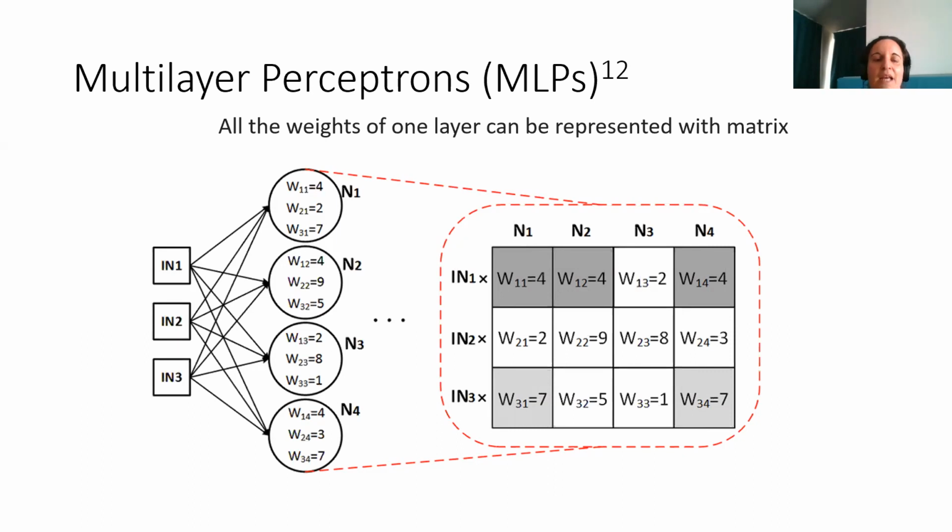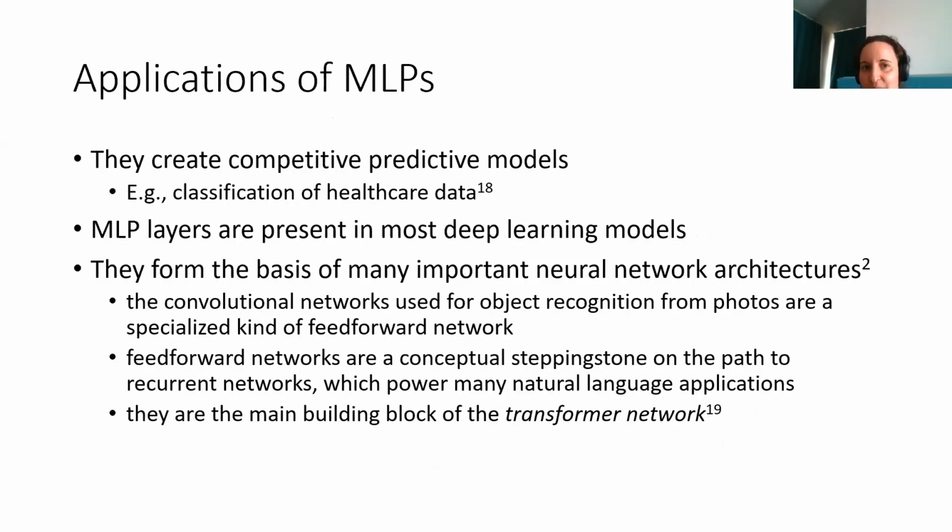Okay. Now, applications of the multi-layer perceptrons: they create competitive predictive models. For tabular data, which is usually numerical data, integers, booleans, doubles, floats, that can be described in a tabular form, which we also call structured data, when we want to perform a prediction task, for example, classification or regression, multi-layer perceptrons are competitive models, along with what are called ensembles of trees.